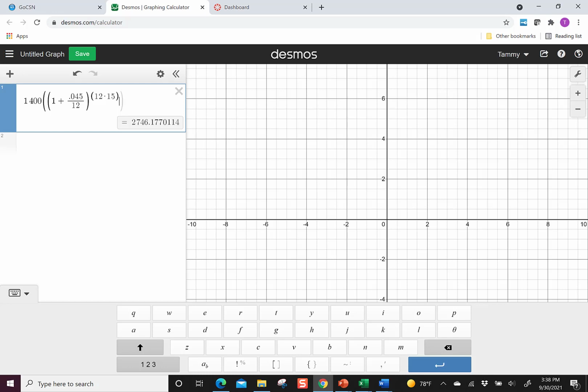Then I can go back down and say minus 1, close the parenthesis, and then divide by. In Desmos, you don't have to have the parenthesis for the 0.045 divided by 12, but if it makes you feel better to have it, to make sure that's there, then that's not a bad idea. And here you can see my answer. So we have $358,980, and I'd call that 54 cents. So definitely a lot more money on this one.